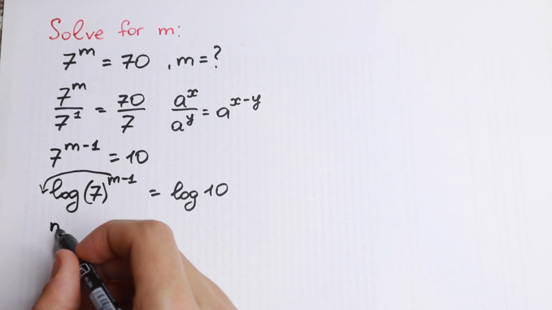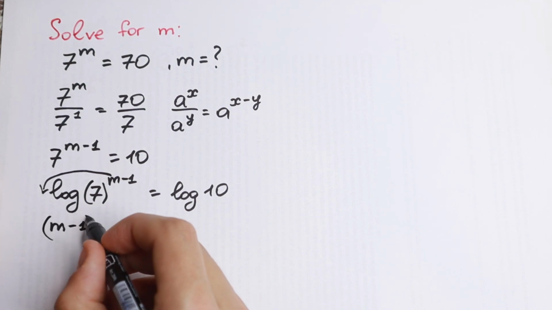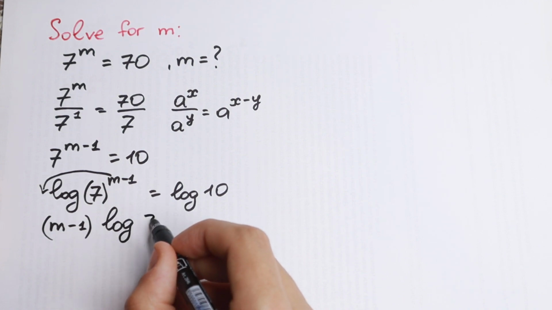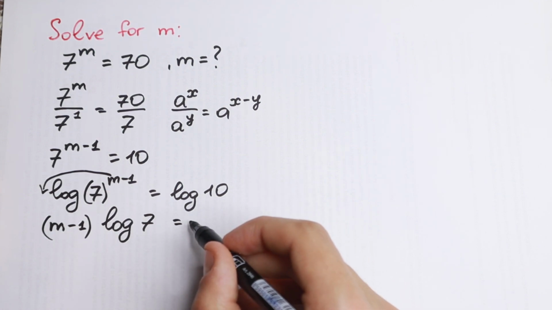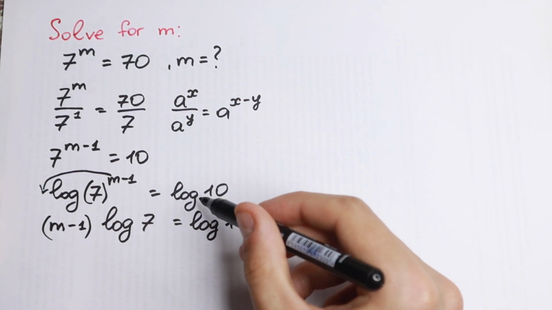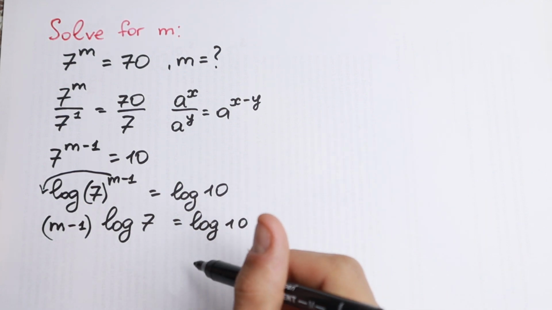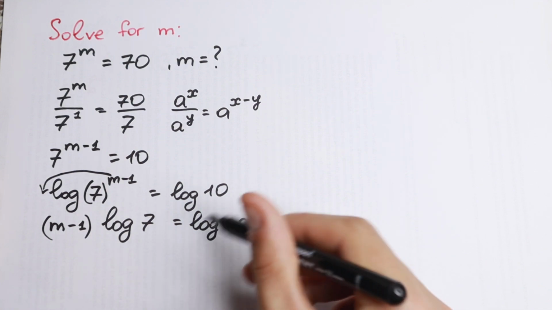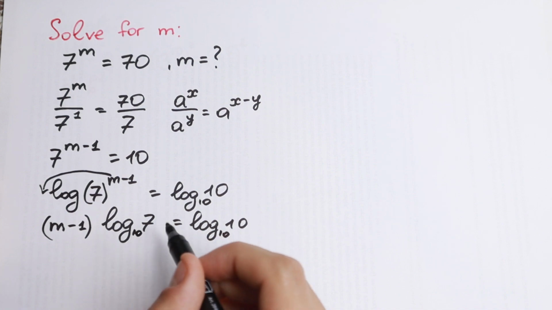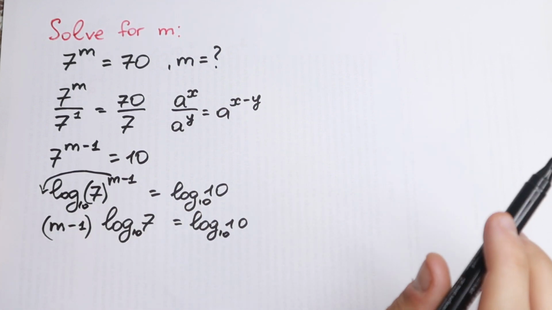We will have m minus 1 in the beginning, and of course log 7 equal to log 10. I used to write it as log 10, but it doesn't matter.